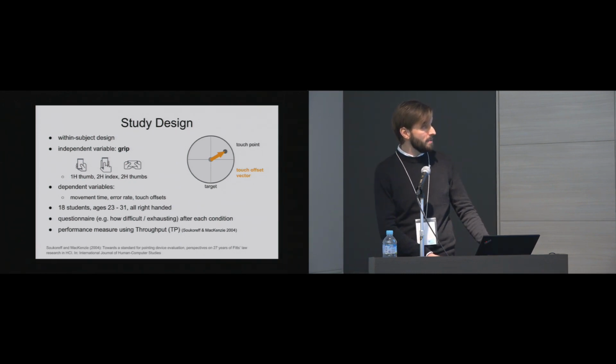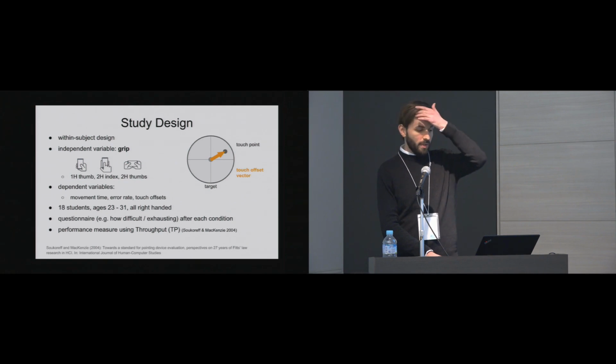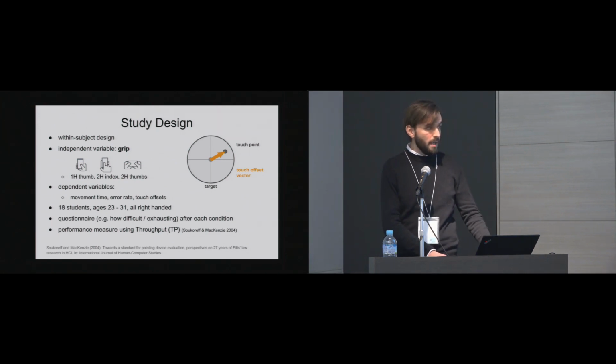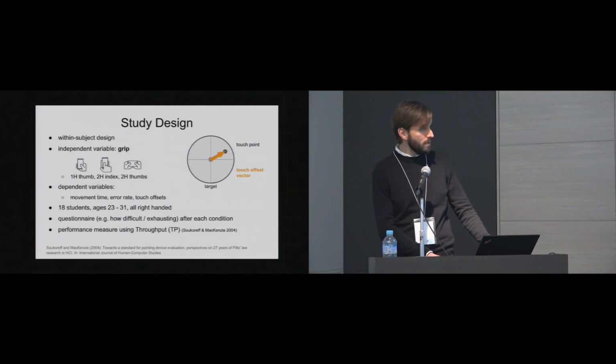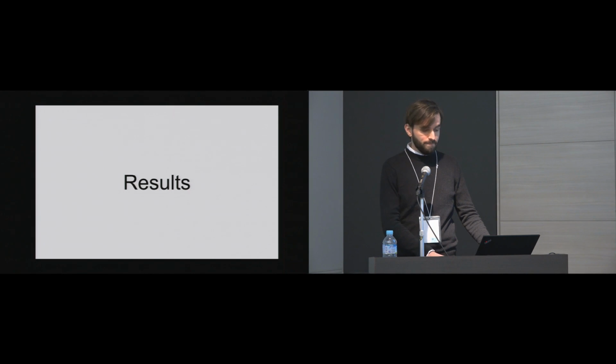We had 18 participants, ages ranging from 23 to 31 years, and all were right-handed. We also assessed subjective ratings, for example, how difficult or exhausting a grip was perceived. Performance was calculated as throughput after Soukoreff and MacKenzie based on movement time.